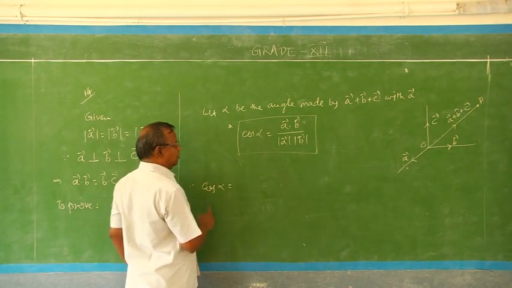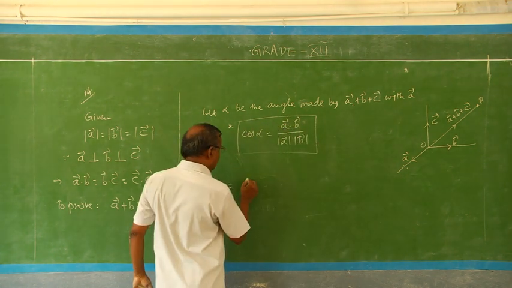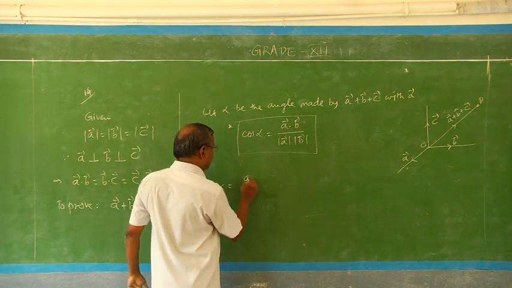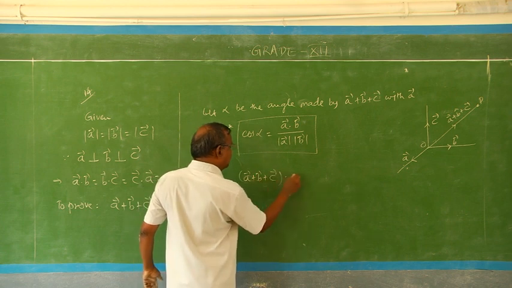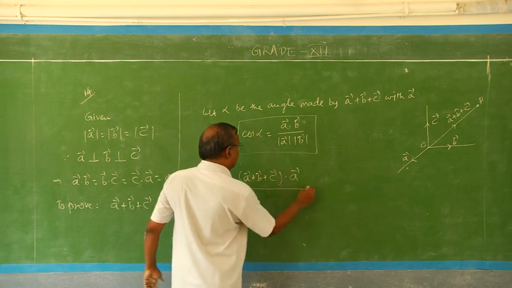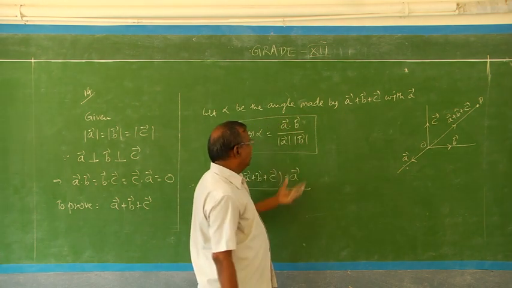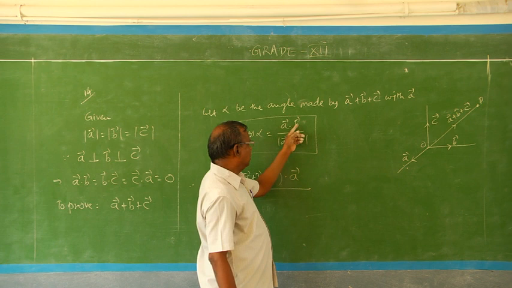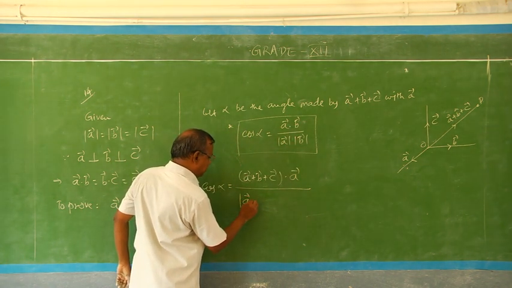Now cos alpha equals the dot product between these two vectors, that is (a + b + c) dot a, divided by the modulus of the first vector, modulus of a + b + c, into the modulus of the second vector, modulus of a.